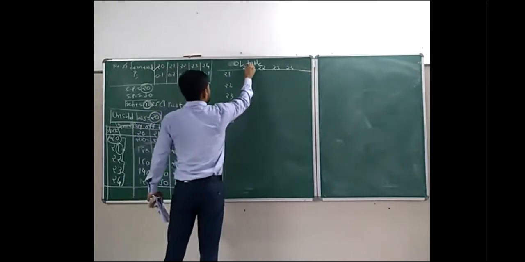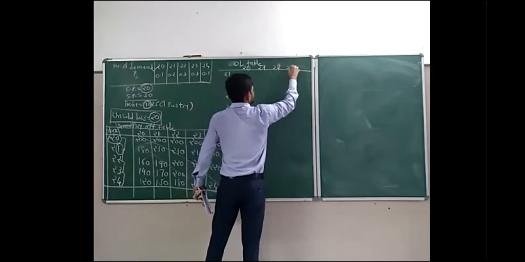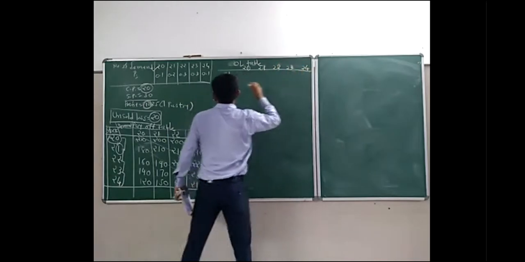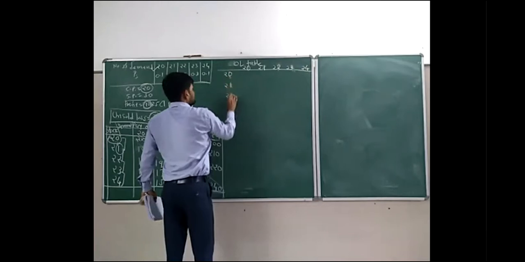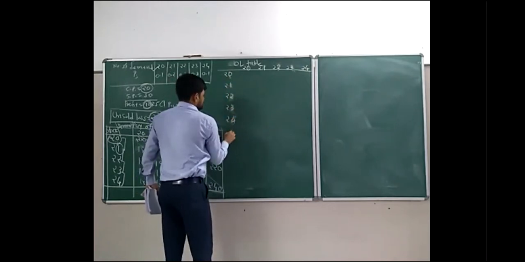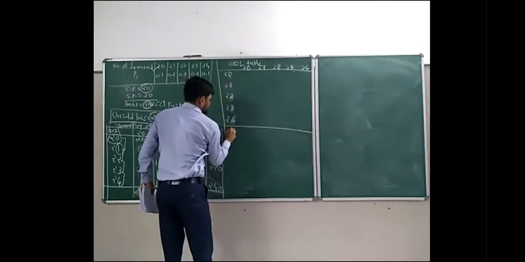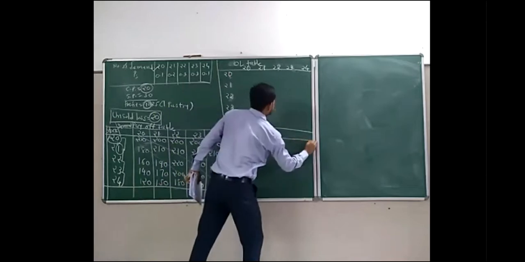Sorry, 20 is there. 20, 21, 22, 23, 24, again 20, 21, 22, 23, and 24. So this is the structure of the opportunity loss table.